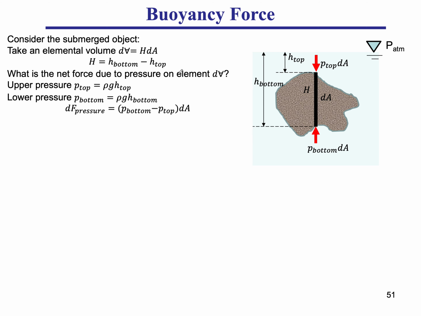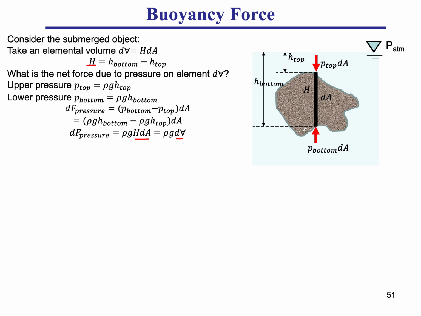And then we can substitute for the pressure with rho g h, multiplied by dA. We can take the rho g outside, and we get h bottom minus h top, which is the height of the element. So that's what we get, rho g h dA, where h dA is our volume. So that's why we get a dV.